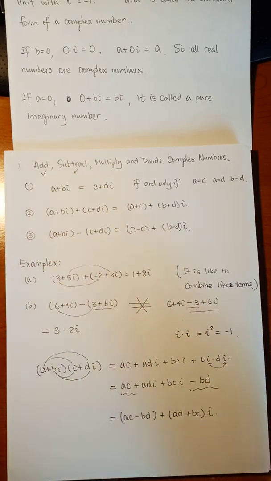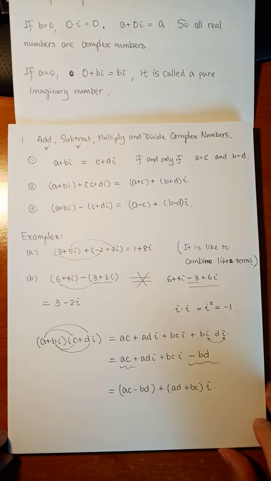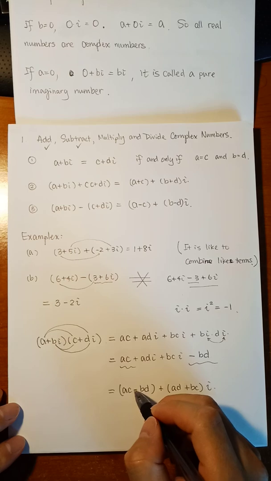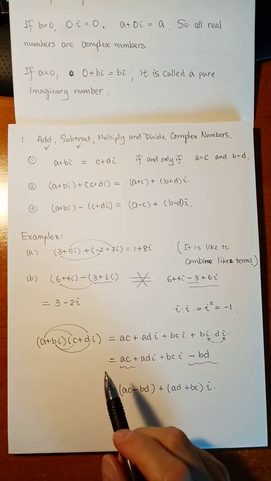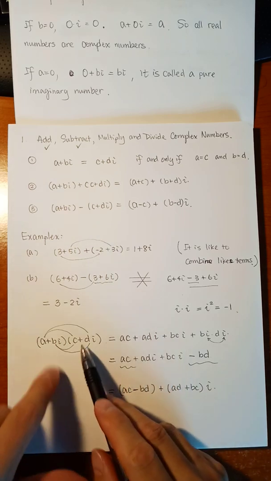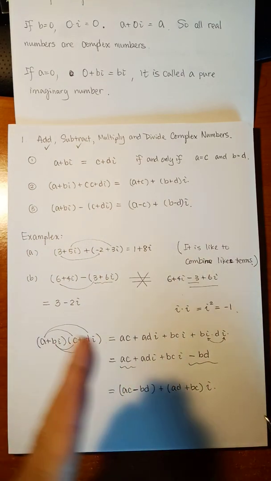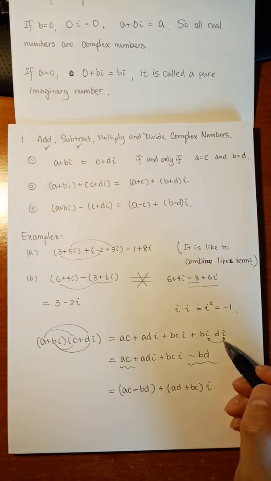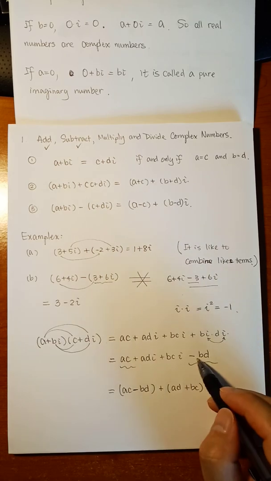So this is the multiplication of 2 complex numbers. It comes from the distribution of multiplication over addition. Just distribute one by one, and be careful you have i squared. i squared is equal to negative 1, so you have negative BD.